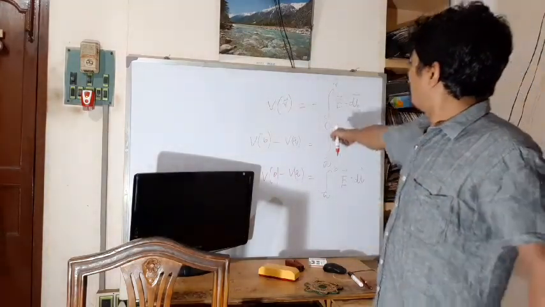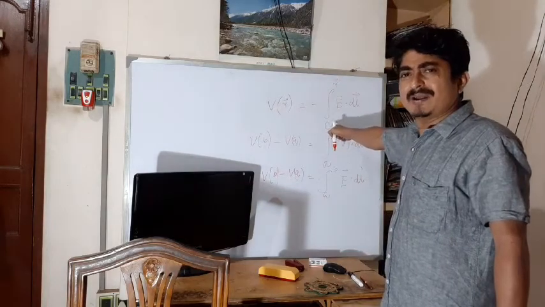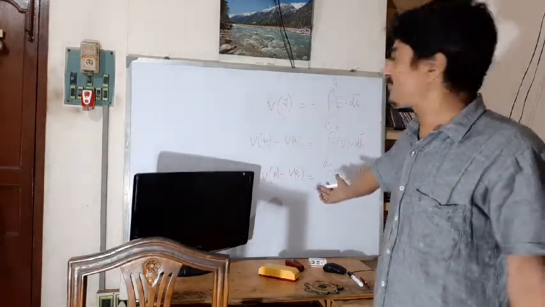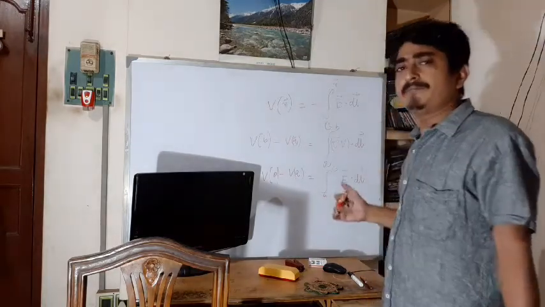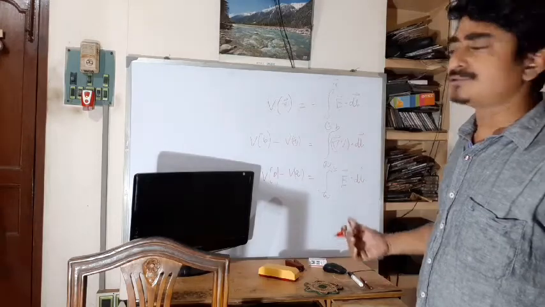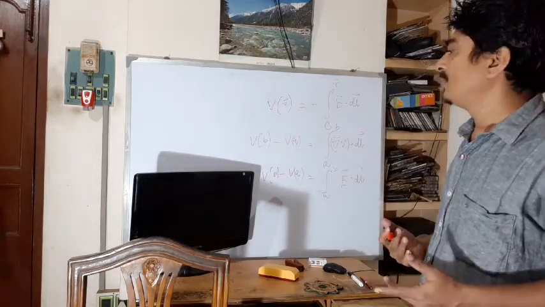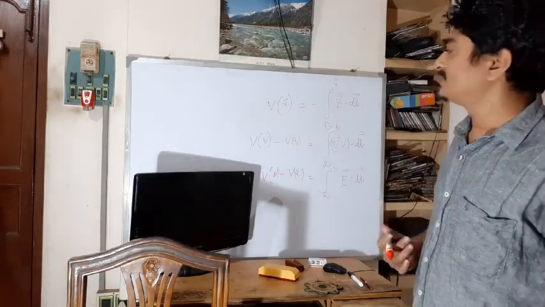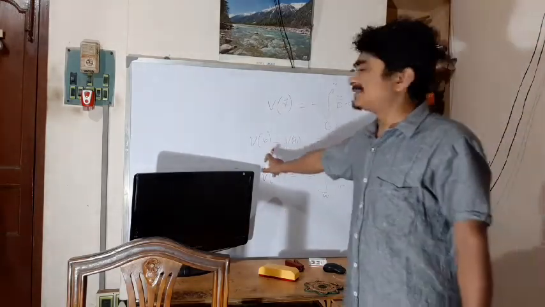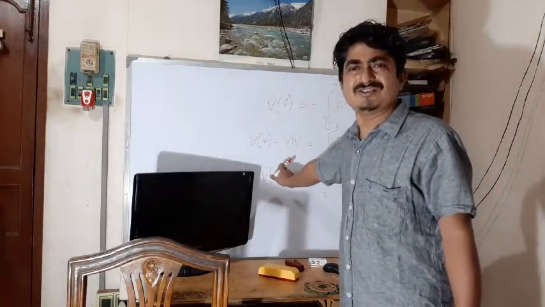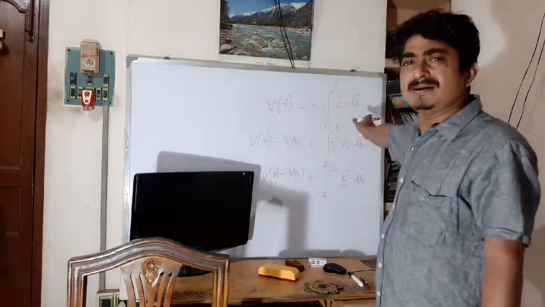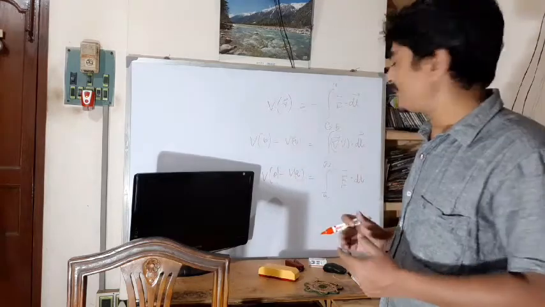Therefore, it is path independent, and we have the choice to take any arbitrary reference point. Suppose someone is taking reference point 1 and someone is taking reference point 2, that difference does not make any change, because another constant term will be added and will be cancelled.